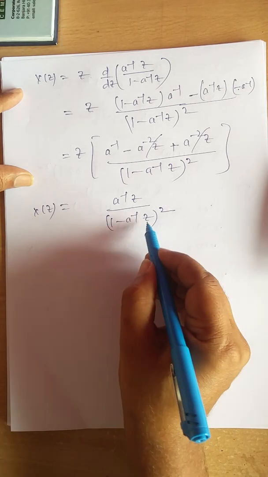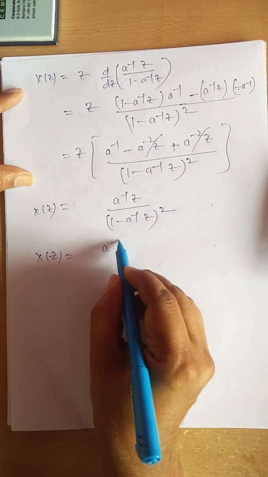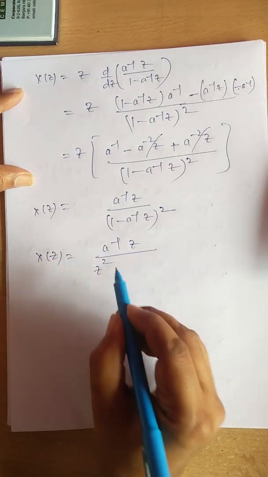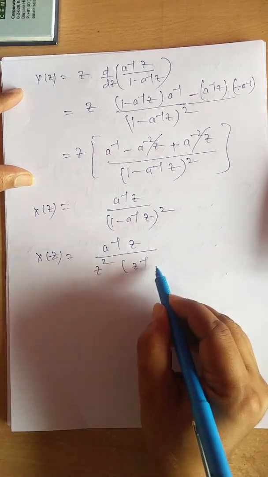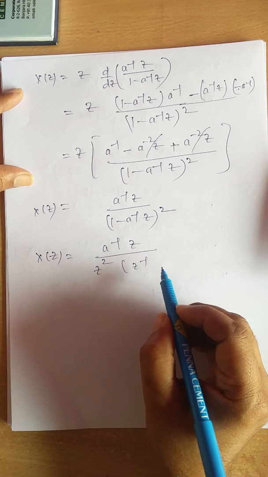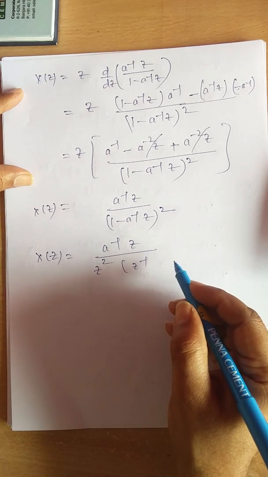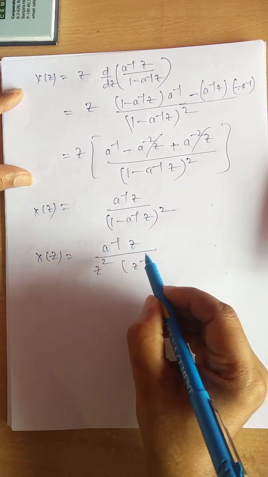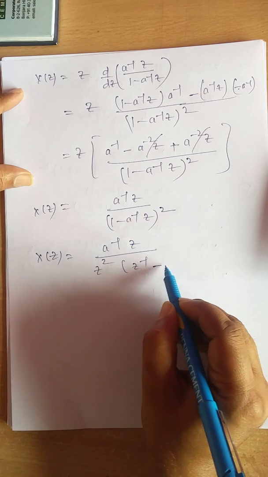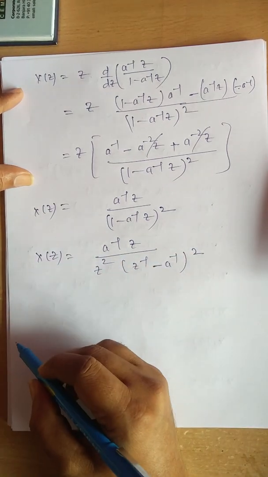Here let us take z common. You get x of z is equal to a inverse z divided by, when you take z common, z square will come outside, and it will become z to the power of minus 1 minus a inverse, whole square.